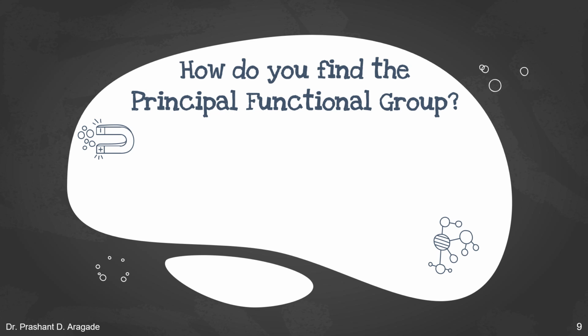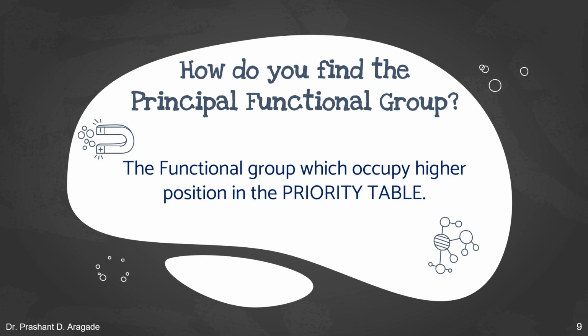So there is one question in your mind: how do you find the principal functional group? Here is the answer to that question. The functional group which occupies the highest position in the priority table is considered the principal functional group. The principal functional groups are the functional groups which occupy the highest positions in the priority table given by the IUPAC system.